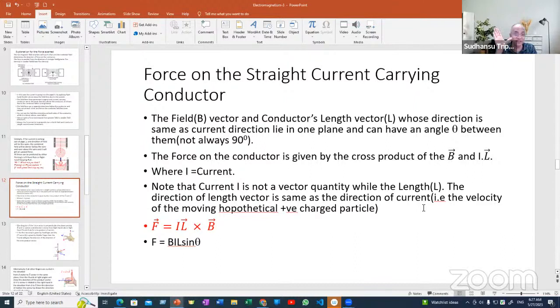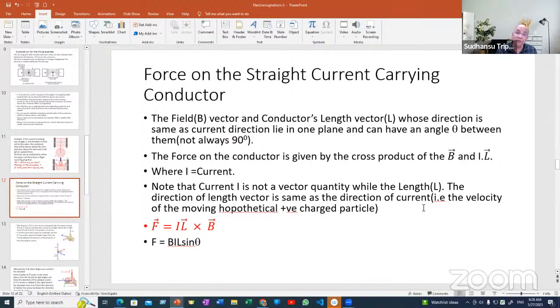Just like your right hand Thappad rule, in the same way you give, but this time don't push, you have to move the other fingers from vector A to vector B, and then the thumb, which is perpendicular to this, will give you the direction of the product vector.